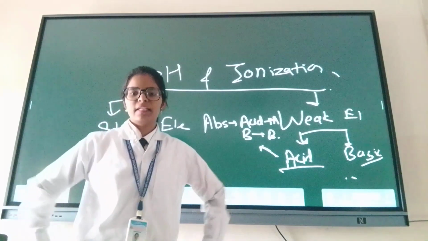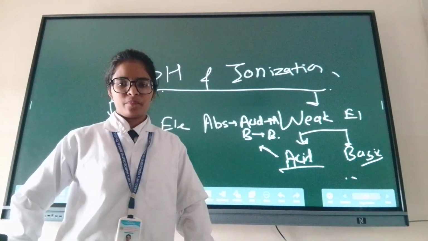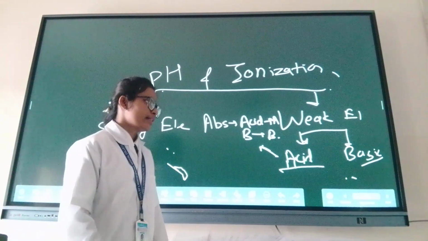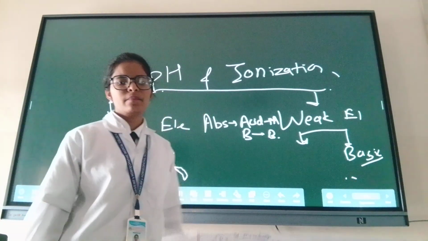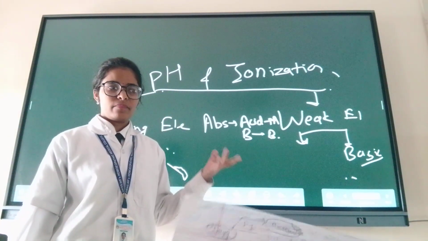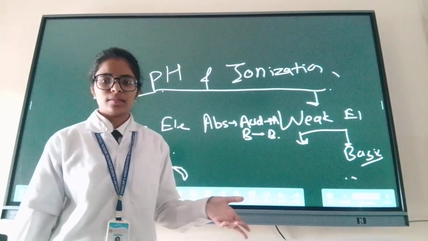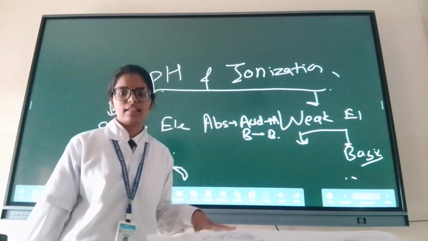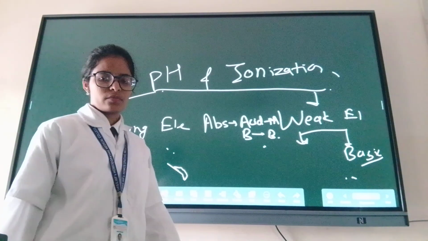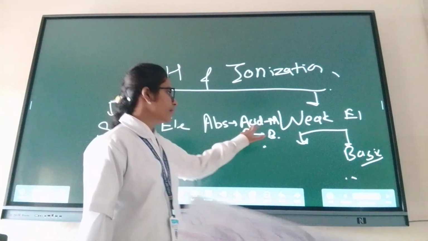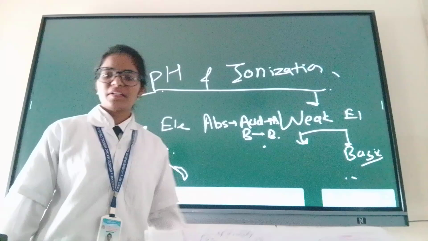Where is the acidic medium in our body? In the stomach, hydrochloric acid. And where is the basic, alkaline medium in our body? In the small intestine, the duodenum, where pancreatic secretions are alkaline, right? So basic drugs will absorb better in the intestine, and acidic drugs absorb in an acidic medium.